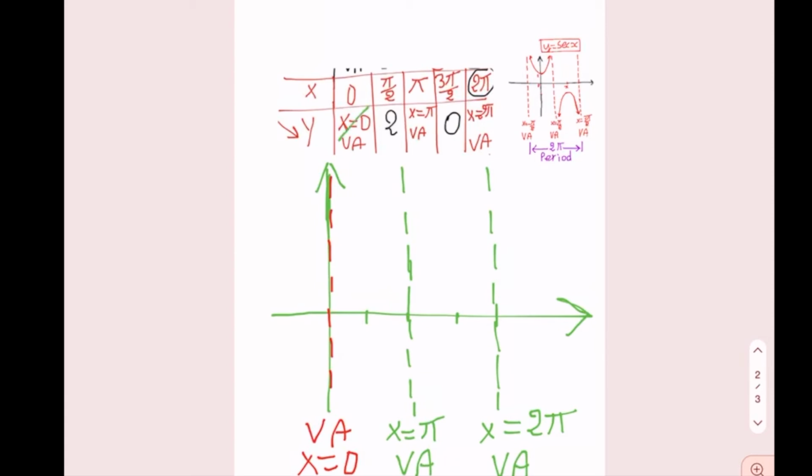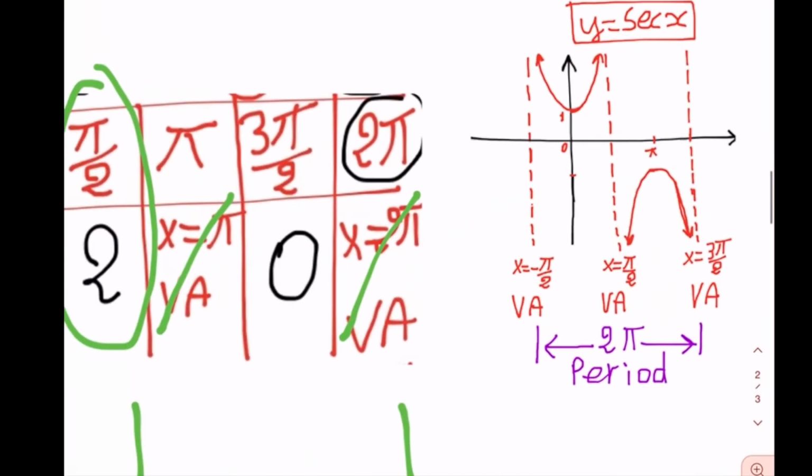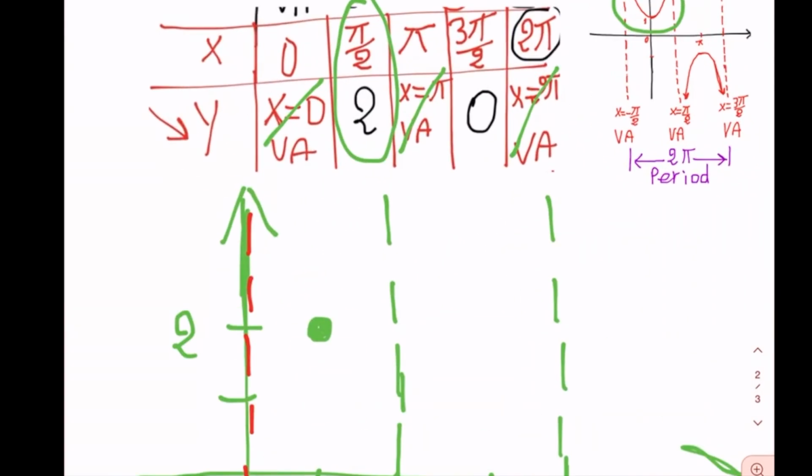Now let's put in the intermediate points. This point at pi over 2, which is halfway between 0 and pi, has y coordinate 2. So I have my point, and I look at the graph of secant and just copy it. That's it, and I got my graph for this part. We go to the next part now.